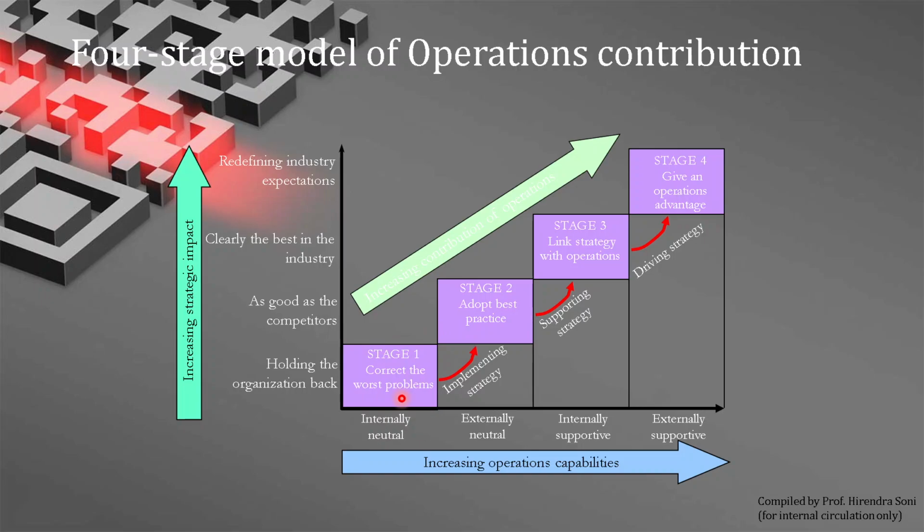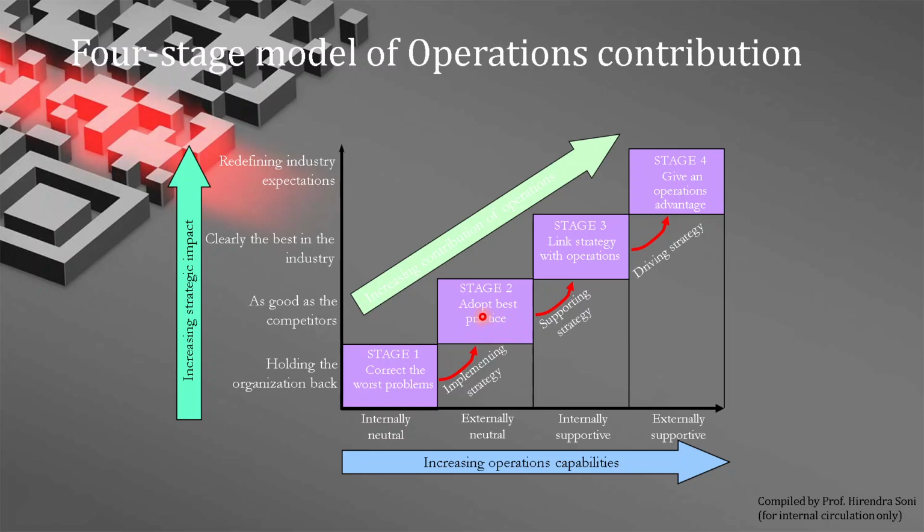Once their operations start taking shape, it starts moving towards the higher side. That means they become as good as competitors. Their operations are defined. Here, in this case, you start adopting the best practice out of all the practices that you have tried and tested.